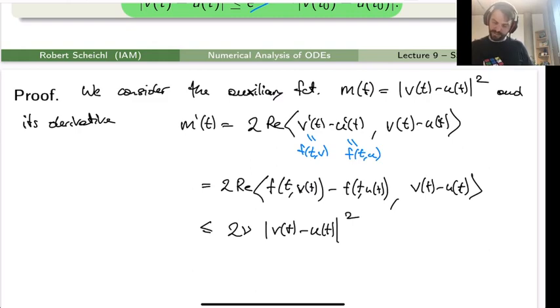And substituting back, the modulus of v(t) minus u(t) squared is nothing else than m(t). So we end up getting that this is equal to 2ν m(t). So m'(t) is 2ν m(t).